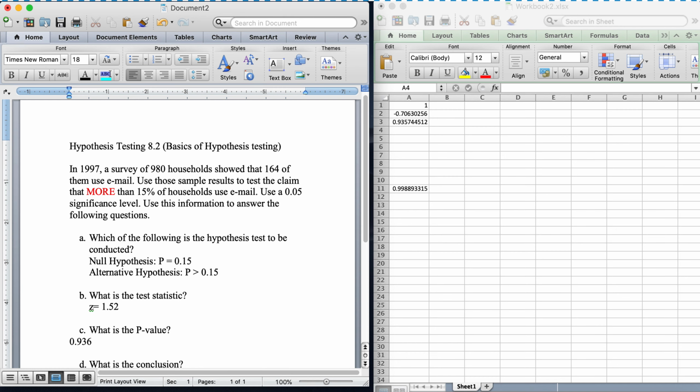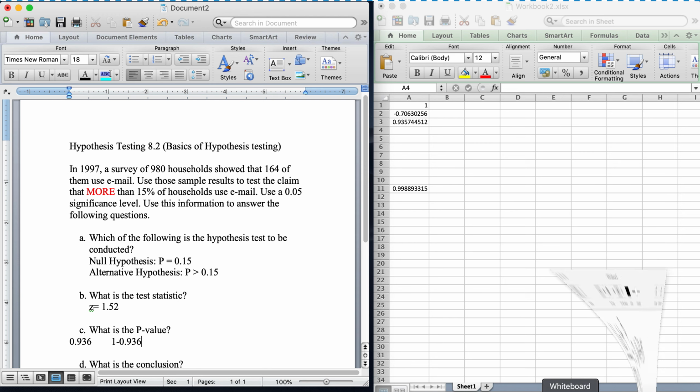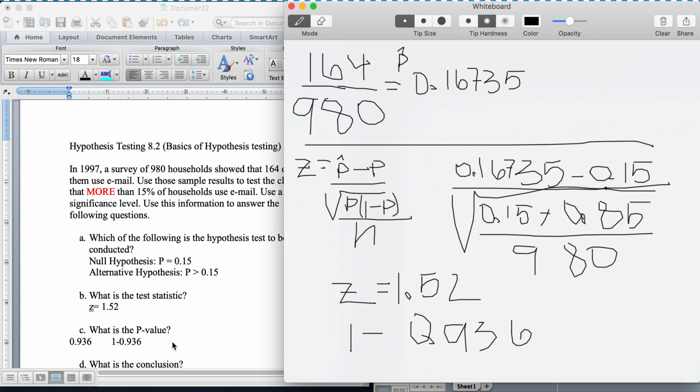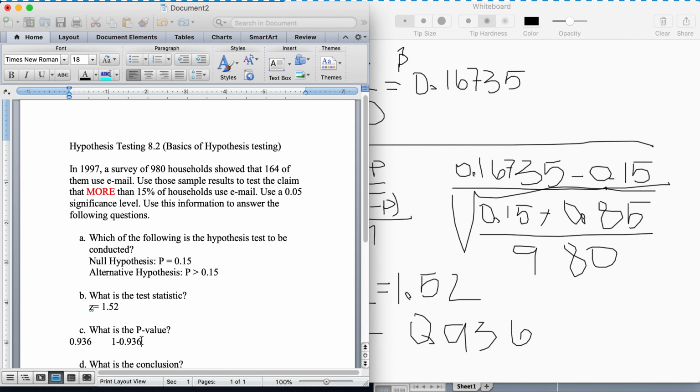So it's actually going to be 1 minus 0.936. Let me bring up my whiteboard again so I can do that. And when I subtract that in my calculator, the actual p-value will equal 0.064.